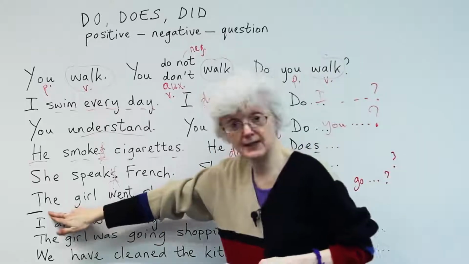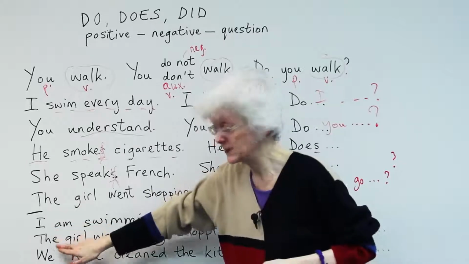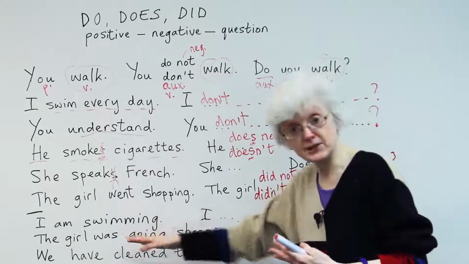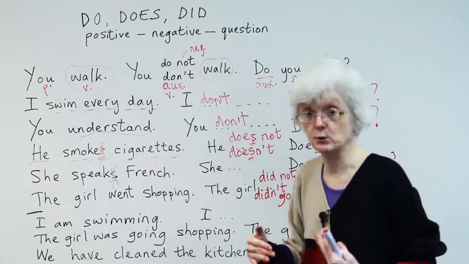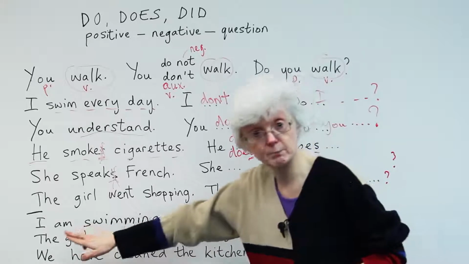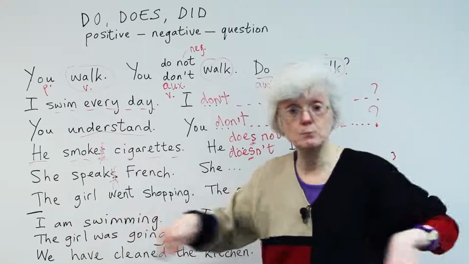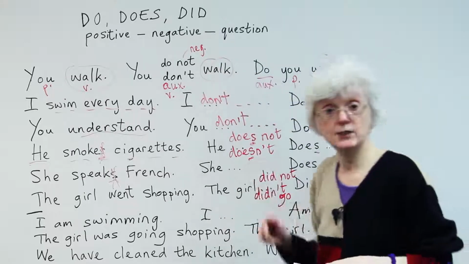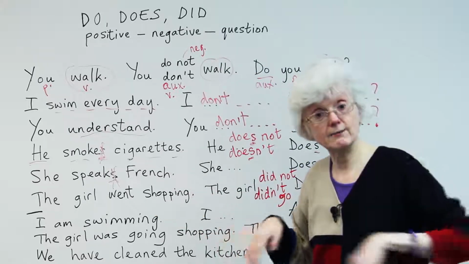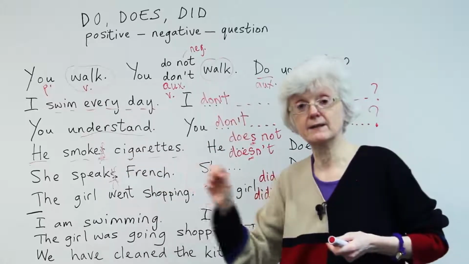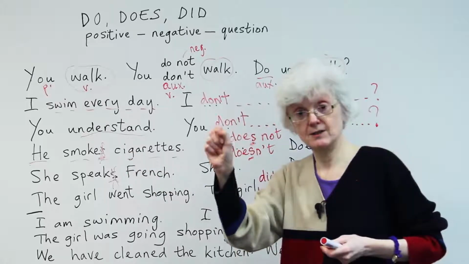Okay, so that's a few of the tenses where you have to use do or did. But I've put a little line here to show that these three examples are different. In these tenses, we don't have to use do, because this one, for example, is the present continuous. I am swimming. So to do the negative of that, all you have to do is say, I am not swimming.